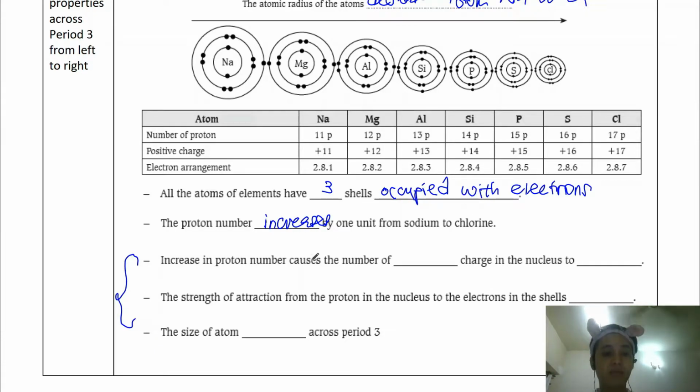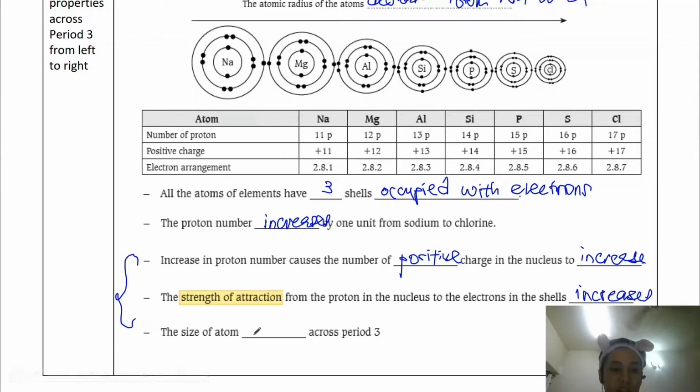The increase in proton number causes the positive charge to increase. This in turn increases the strength of attraction, so the nuclear attraction from the protons in the nucleus to the valence electrons in the shell increases.